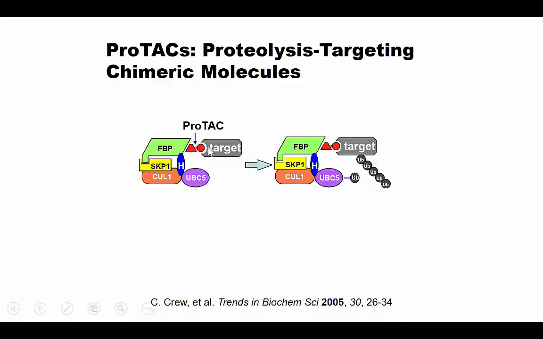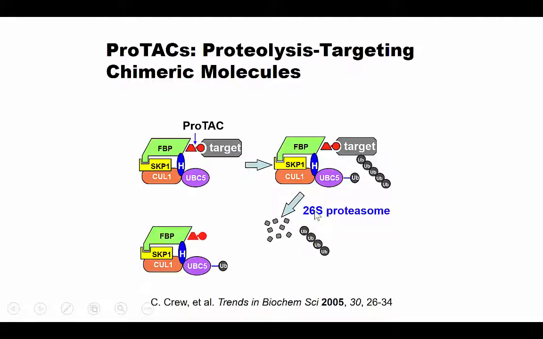The other side is a target-specific small molecule. So if you have an inhibitor or activator, whatever it is, if this small molecule can bind to the target protein strongly, then you can label this into this side, and this side recruits this target molecule near the ubiquitination machinery, and then ubiquitination can be added.